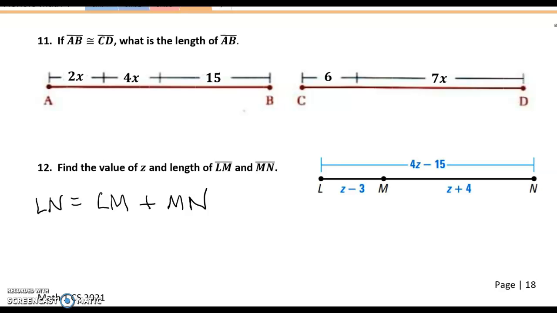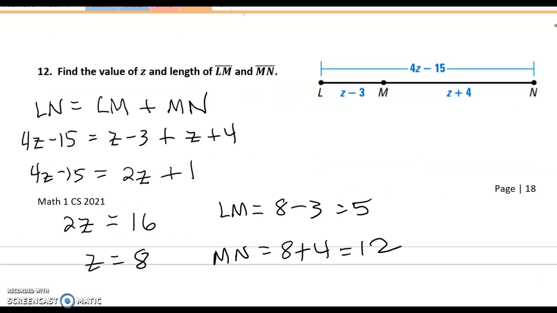LN is equal to LM plus MN. So there's our statement of segment addition. Then we can substitute the expressions for those segment lengths. Solving for z, we get z is equal to 8. Plugging that in for z, we find that LM is equal to 5 and MN is equal to 12.